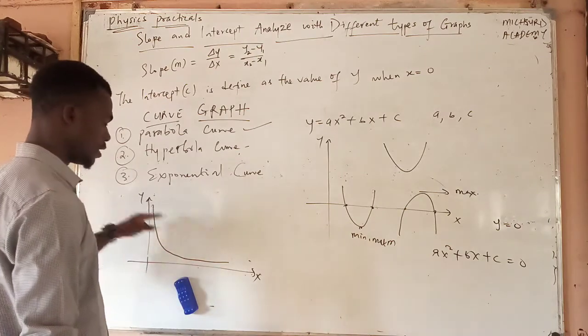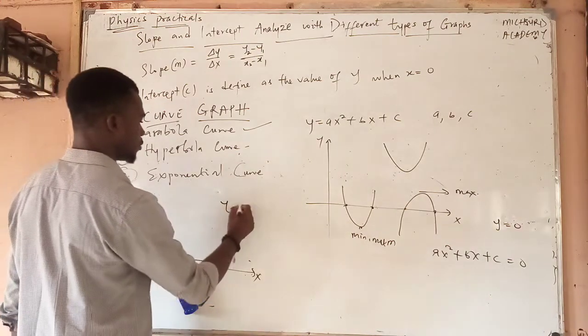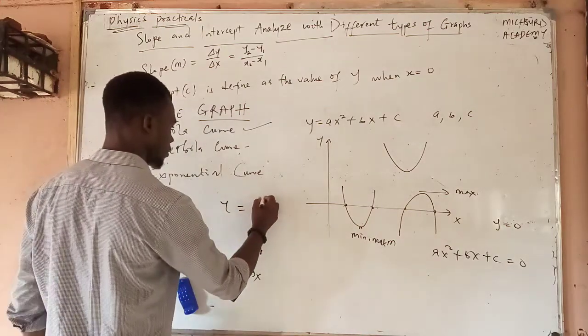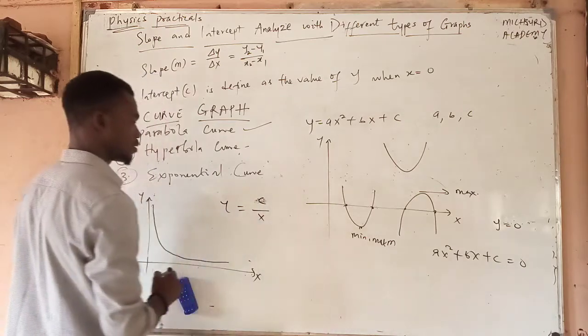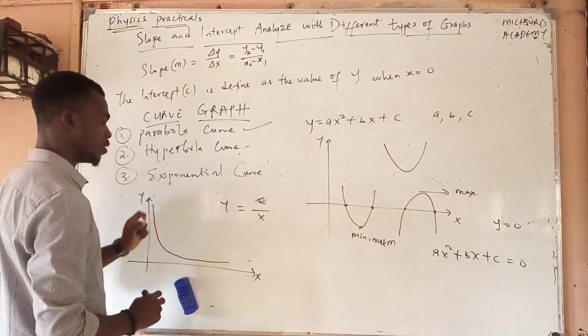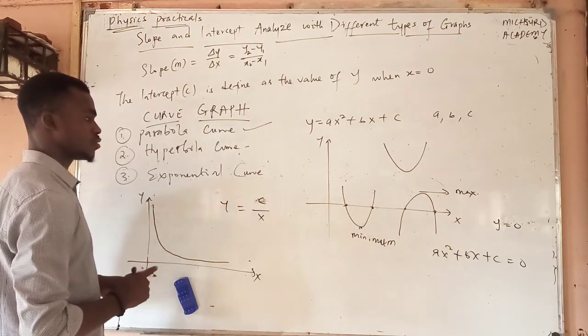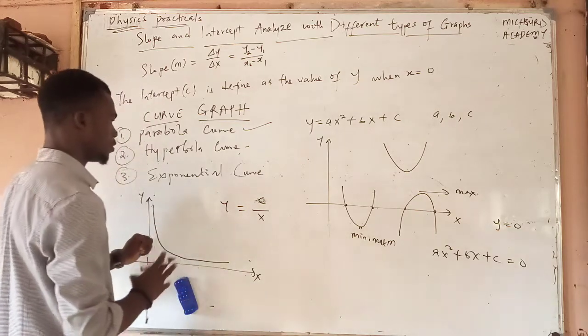But nevertheless, it did not cut through. So in this type of graph, we have the equation y equal to c all over x. Okay, so that is the equation for this hyperbola curved graph. So we say that y and x are asymptotic to each other.